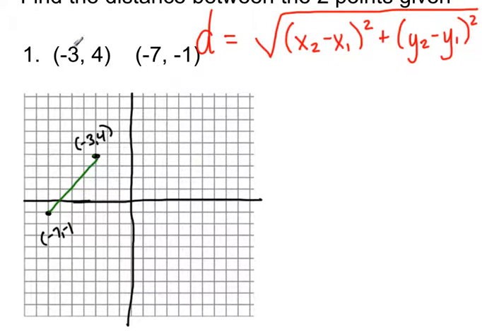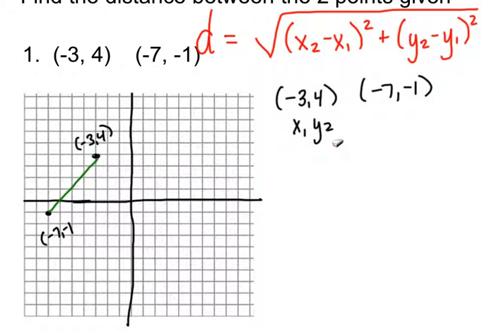So we're just going to use this formula. So I'm going to rewrite the ordered pairs over here and label them. If this is x1 and that's y1, and this is x2 and this is y2, then all we have to do is fill it in.